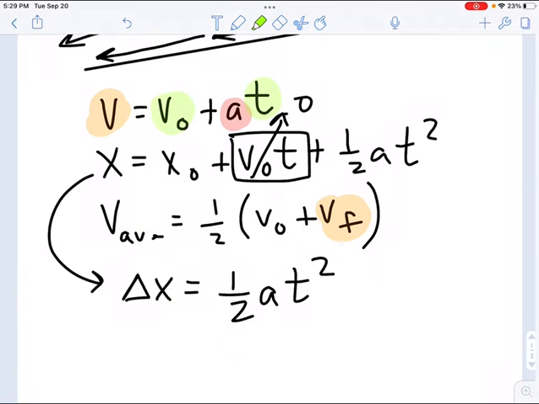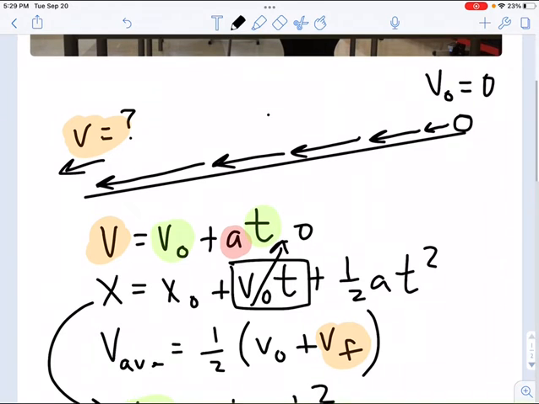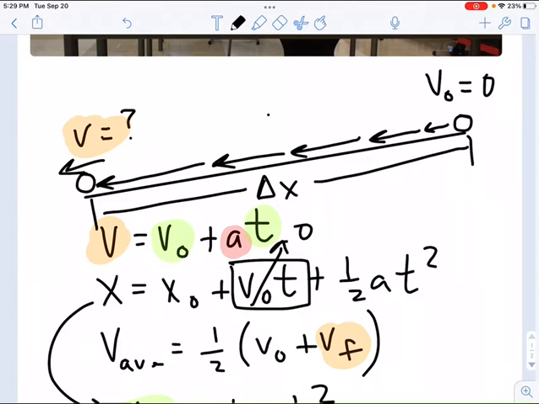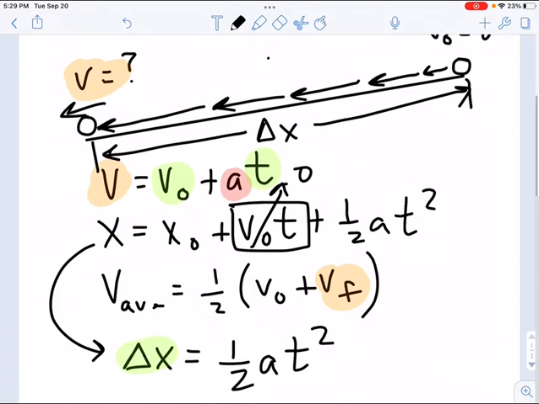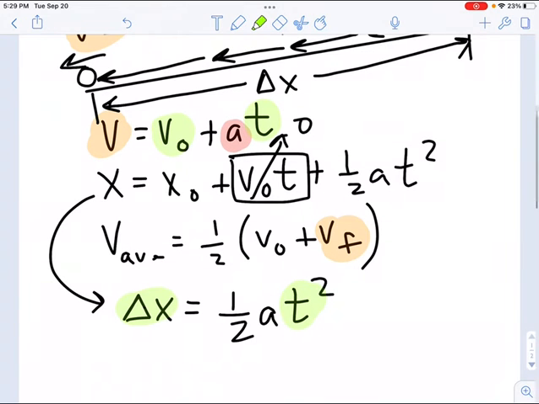Let's check it out. We can measure displacement as it moves down the ramp. That would simply be the distance from the point it starts to the point it finishes. We'll call this delta x, from there to there, and you can measure that. And we can use a stopwatch to measure the time. So if we know delta x and t, we can solve for a.